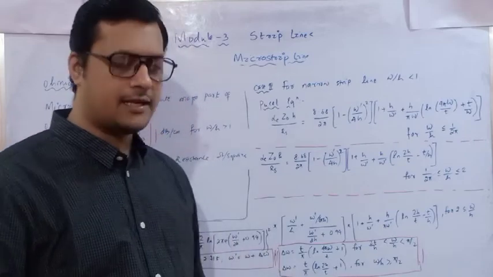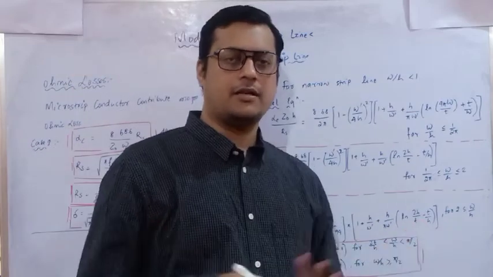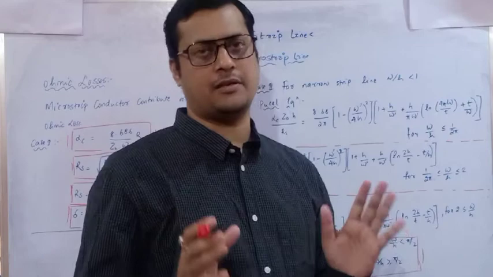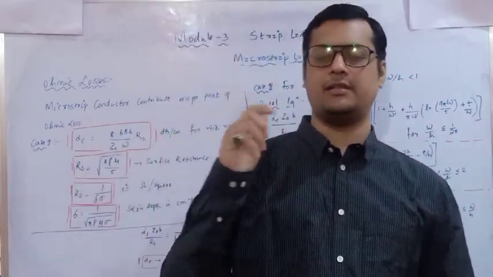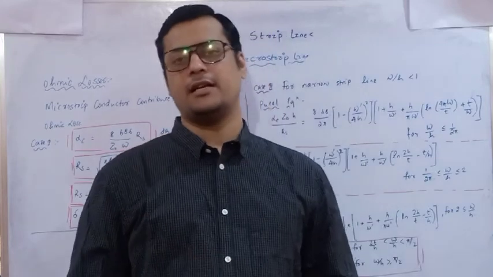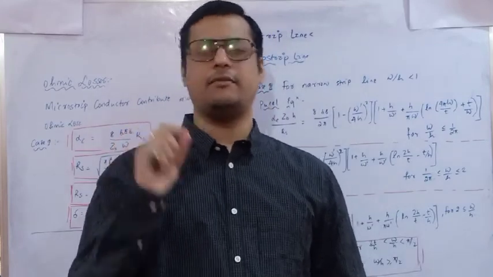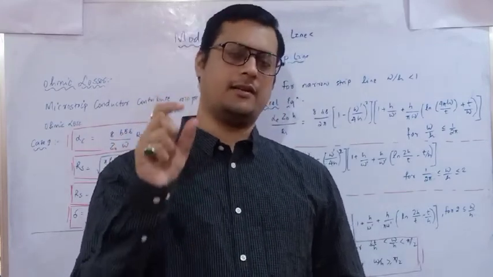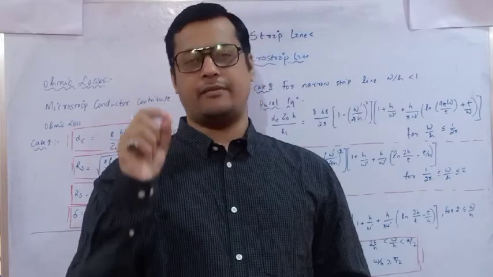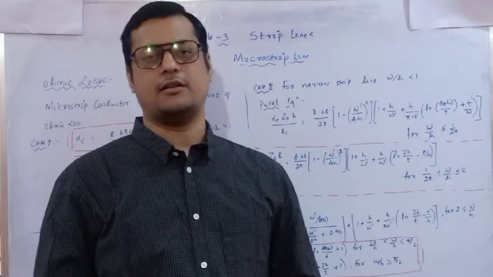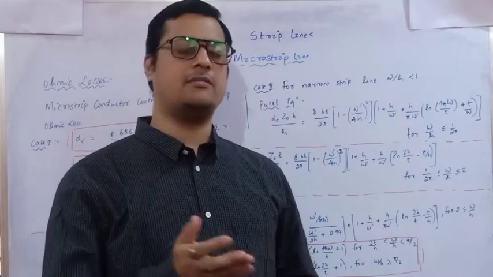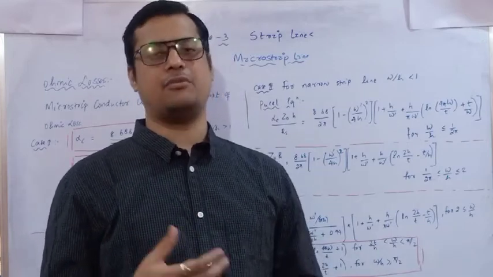Now, in our microstrip the ohmic loss is only with respect to the conductor, okay, due to the metallic plate above the substrate, which is a thin plate. Due to that, some conductivity will be there in that conductor, whether it is made up of aluminum or copper, which are good conductors that carry the flow of current.